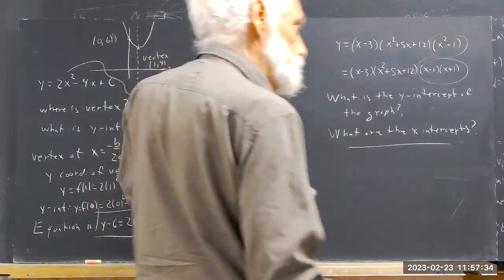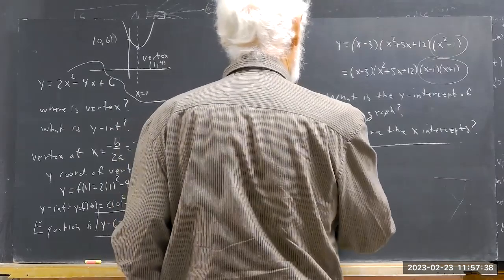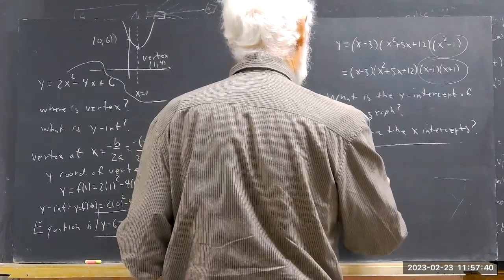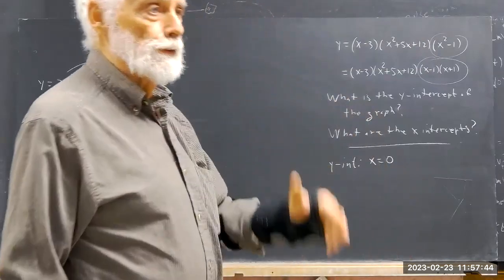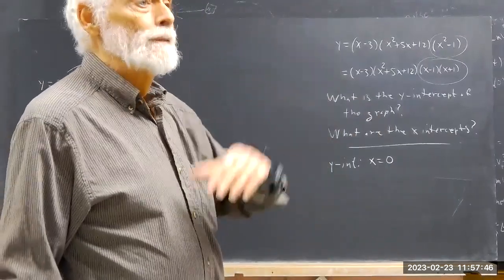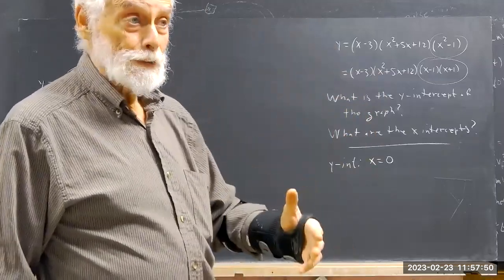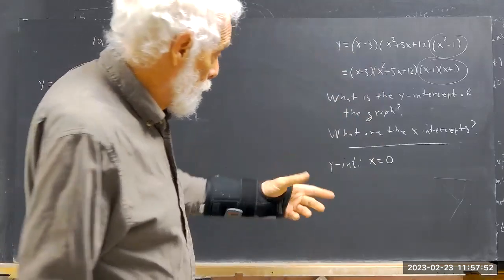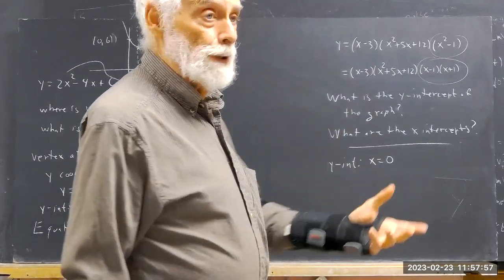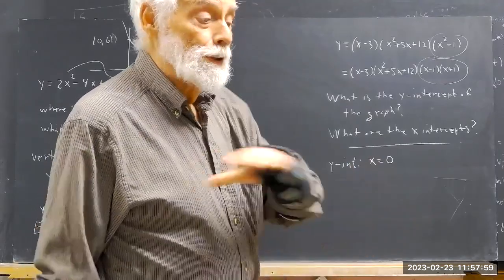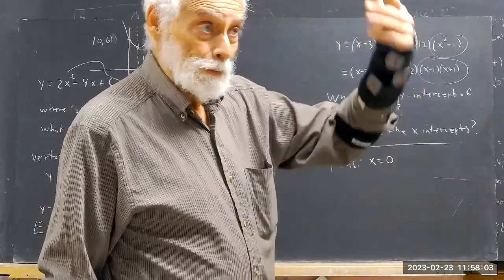In order to find a y-intercept, x is 0. The y-intercept is the point on the y-axis that is on the graph. On the y-axis, x is 0. So you've got to know this. In an x-intercept, y equals 0, because on the x-axis, that's where the x-intercepts are. Y is 0.